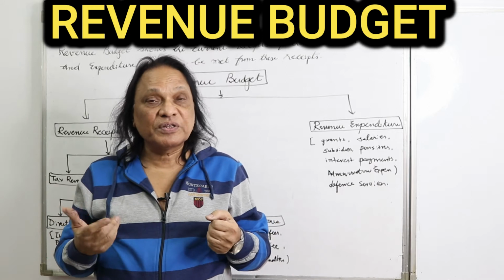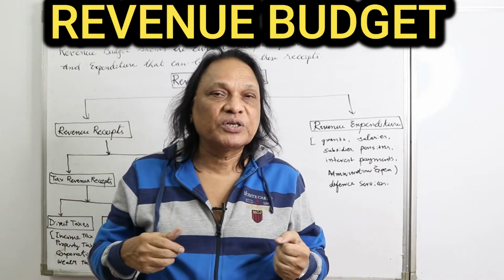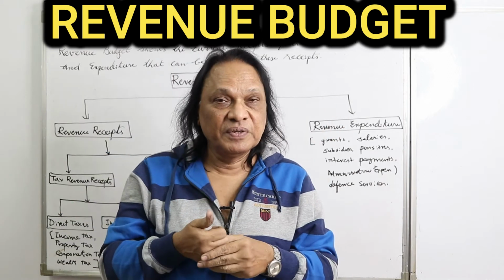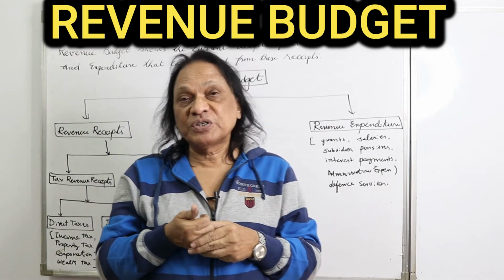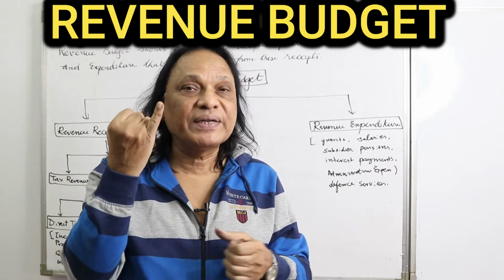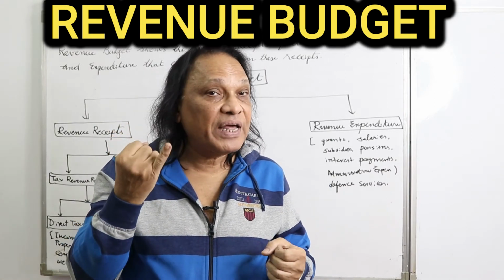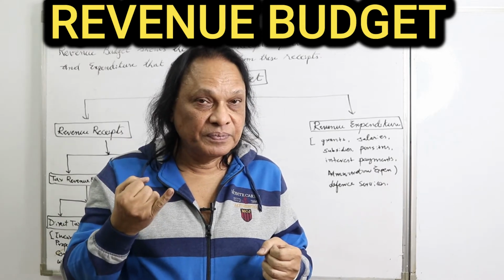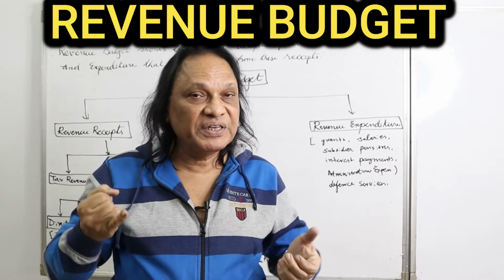And the objectives of the government budget, there are 4 objectives and we discuss them in detail. Please see some of my videos. You'll get a fairly good idea about the objectives. Number 1 is reallocation of resources, that is developing all the regions in the country.